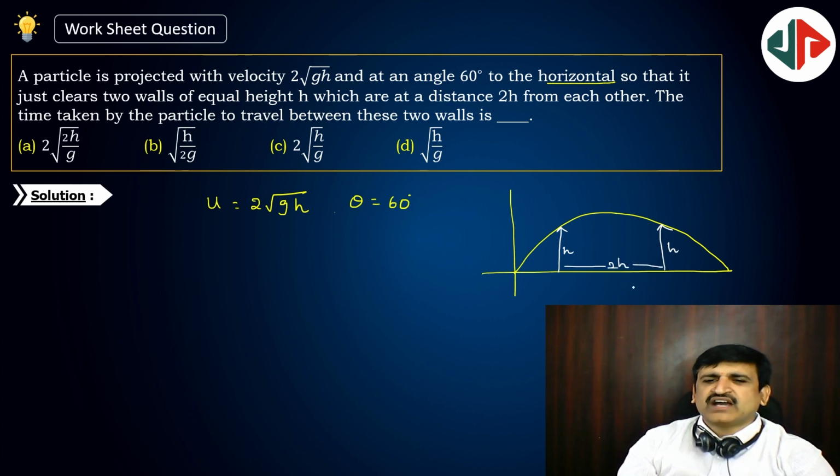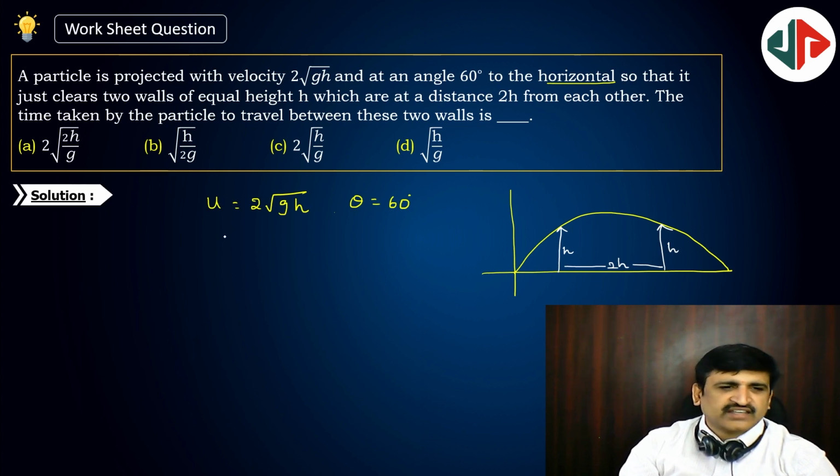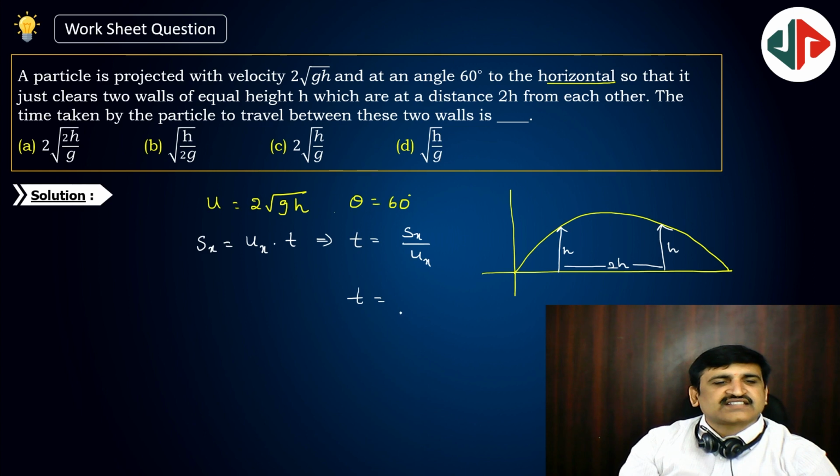Time taken is by horizontal displacement. Horizontal displacement Sx is equal to horizontal velocity into time, implies time t is equal to Sx by ux. Why? Because there is no acceleration. So time t is equal to Sx, that is 2h by ux. Ux is 2 root gh into cos 60.